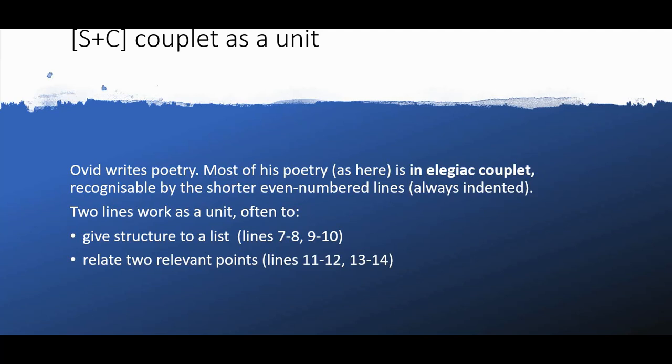And of course, Ovid has written all this down, so he doesn't need to think where to go next necessarily. But for the audience, for the people who listen to his poetry, it allows you to organize your mind after every 2 lines. And it basically serves as a methodology of reading the poem.